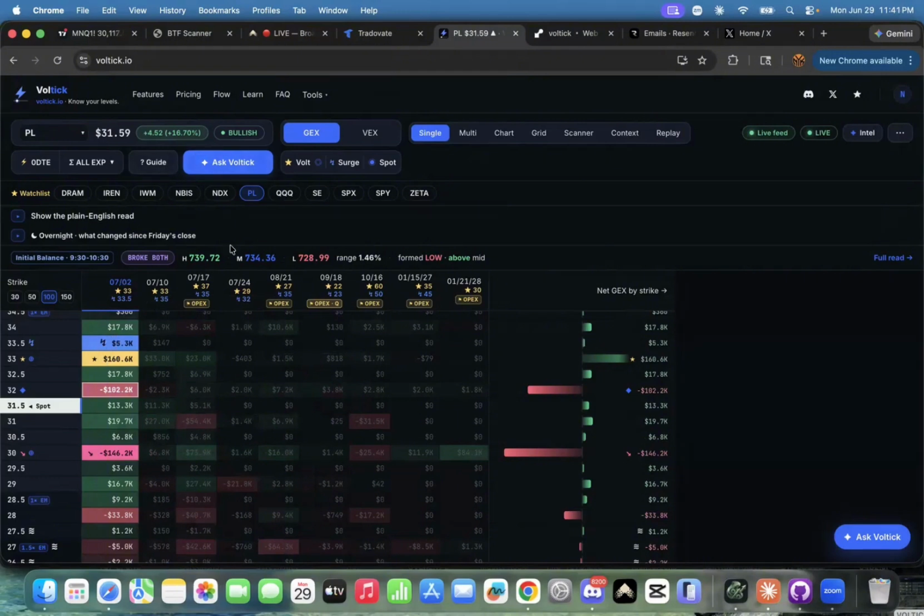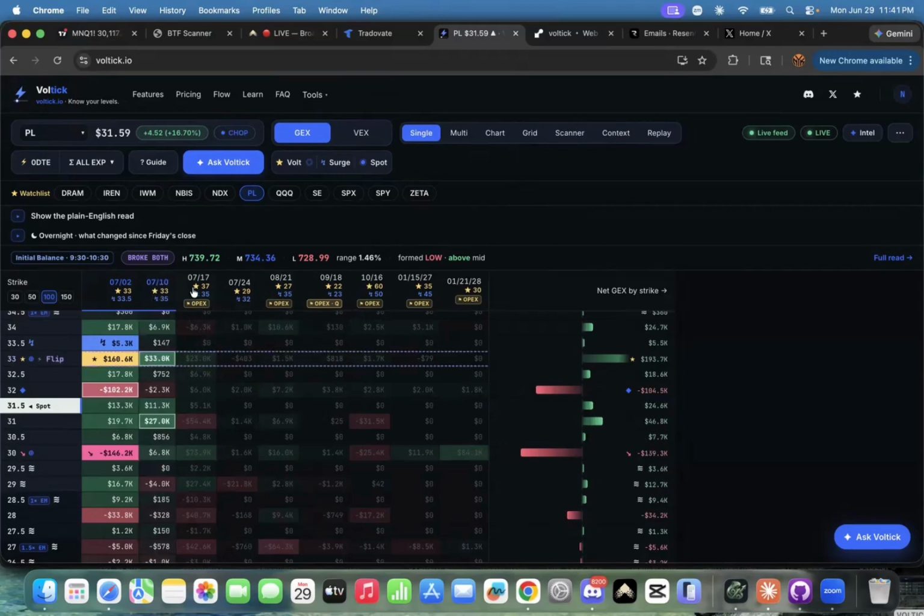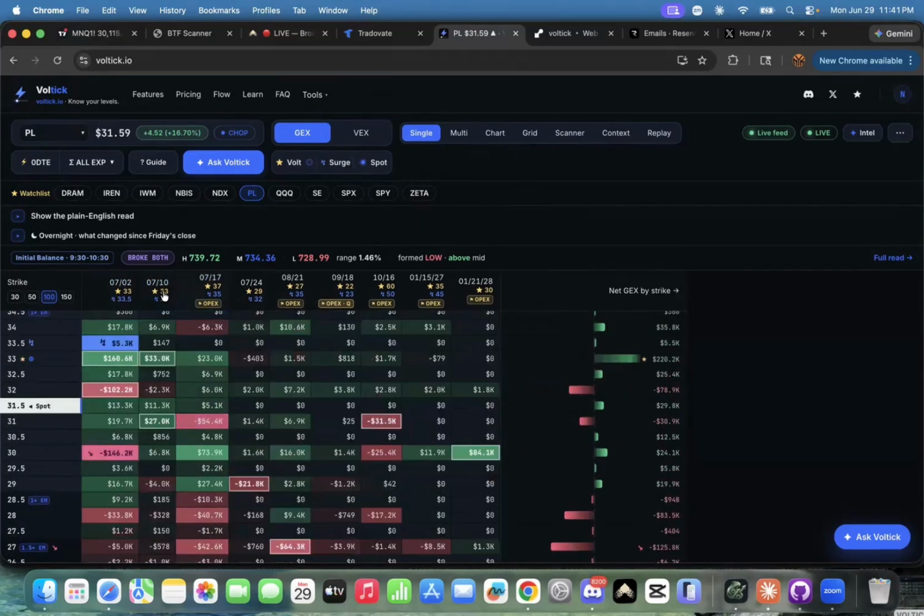We took a trade on this at $27.30 on Friday. It is up $16.70 today. The reason I took this trade specifically, and this is exactly what a lot of people have been asking me, how do I use Voltek? I'm looking at a screener, which I'm going to pop up in a minute, and I'm looking at multiple confluence over the next few weeks.